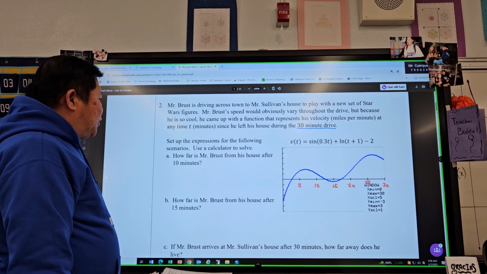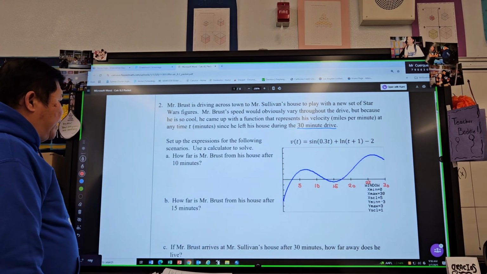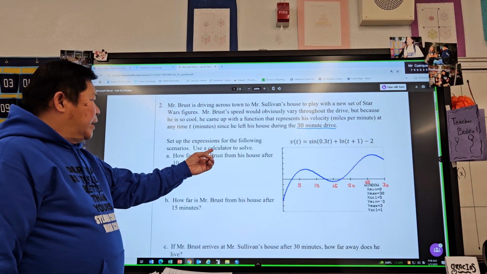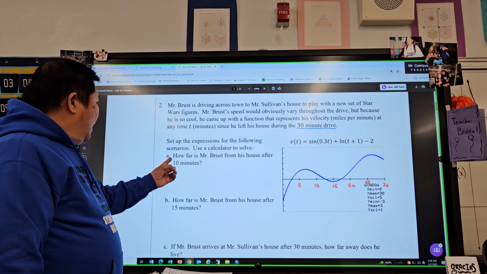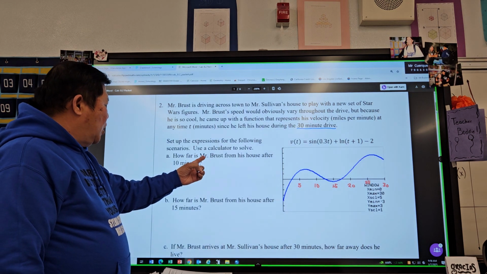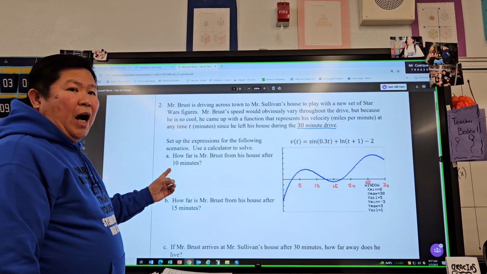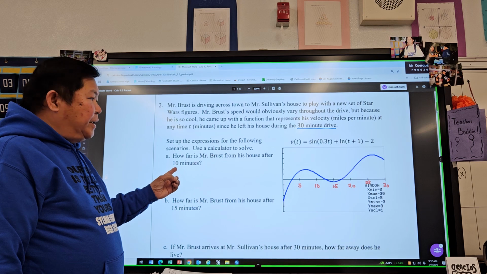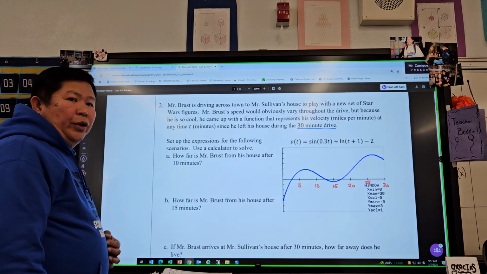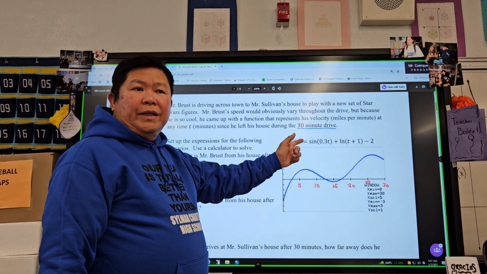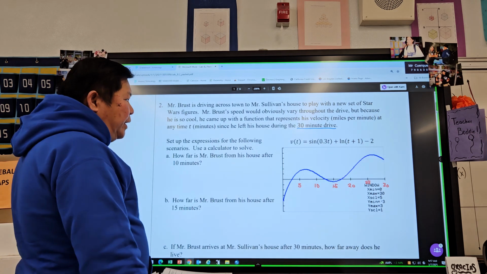So, set up the expression for the following scenarios. Use a calculator to solve. How far is Mr. Bruss from his house after 10 minutes? Therefore, you're gonna have to enter this velocity given.